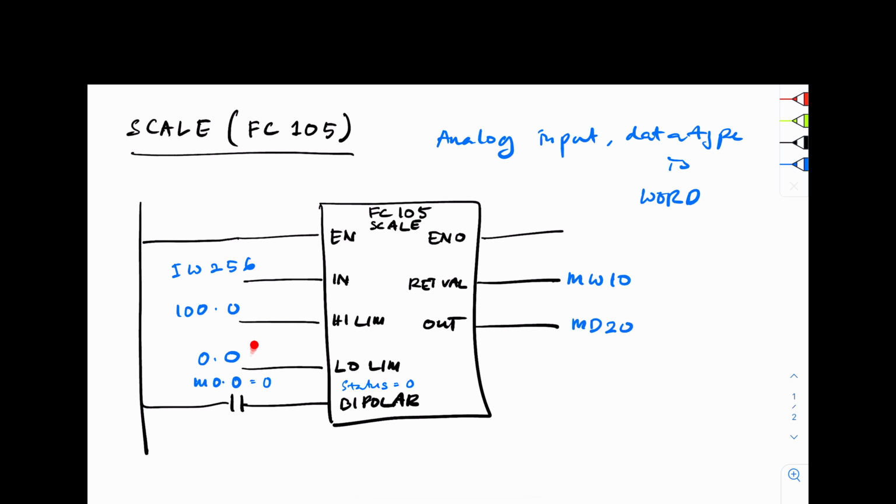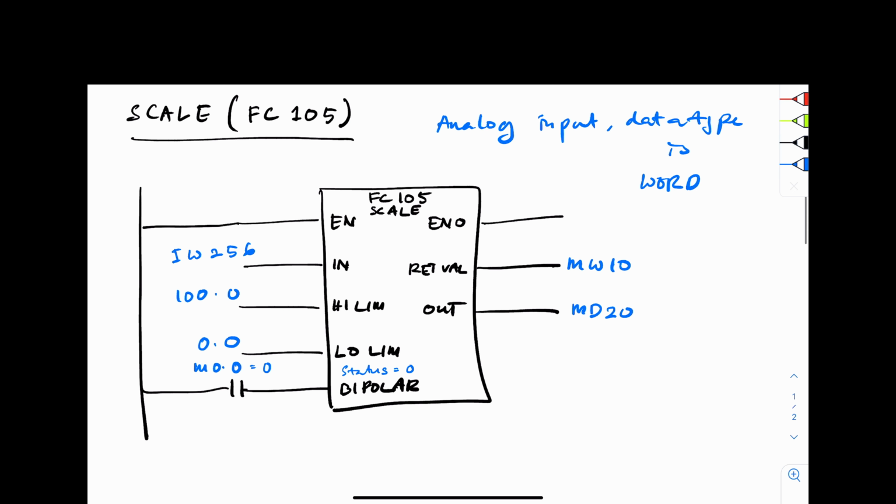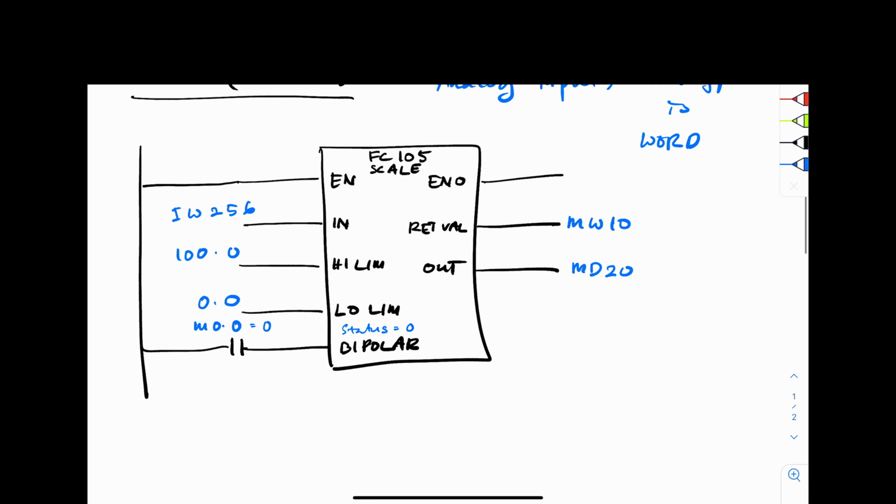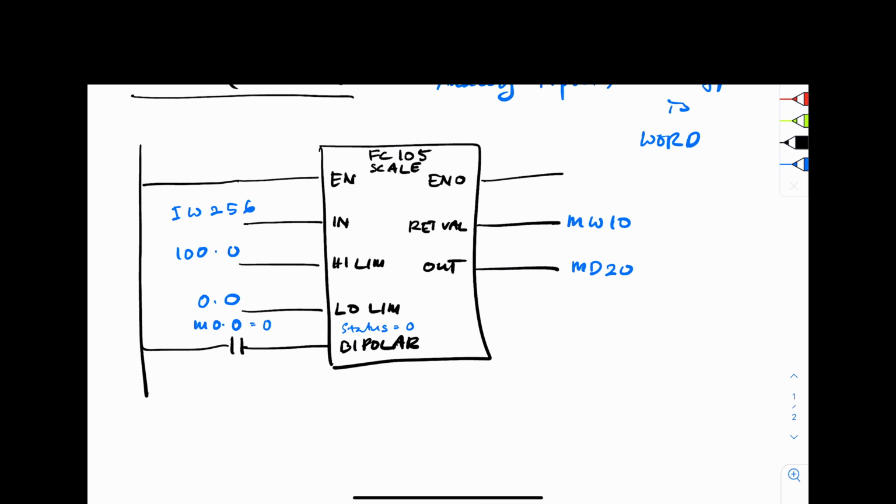It converts the values between 0 to 100%. Now I'm going to explain why the bipolar should be 0 in terms of the conversion.